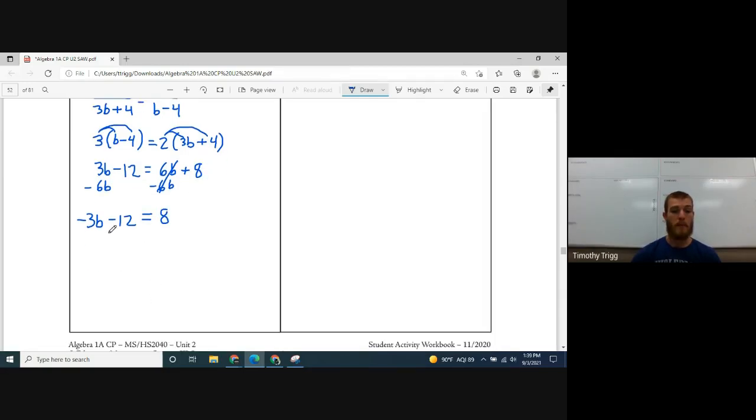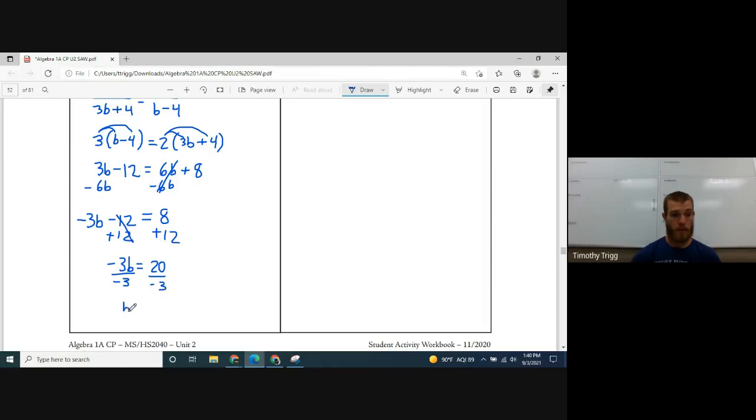To help us get b alone, we're going to add 12 to both sides of the equation. Add 12 over here as well. Negative 3b equals 20. Divide both sides by negative 3.